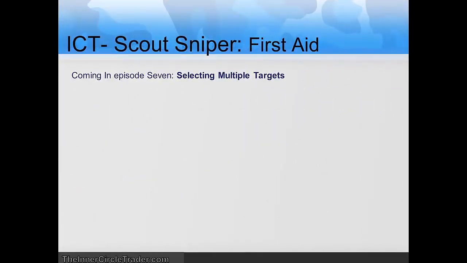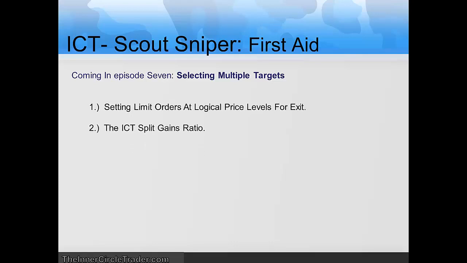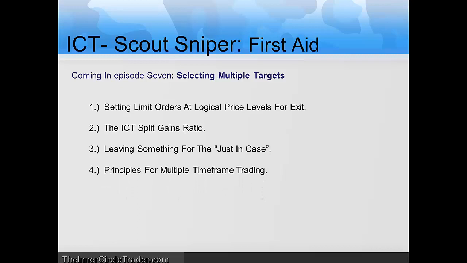Okay, guys, in episode 7, we're going to be looking at selecting multiple targets. We're going to be talking about setting limit orders at logical price levels for exits. And we're going to be talking about the ICT split gains ratio, leaving some for the just-in-case scenario, and principles for multiple time frame trading.